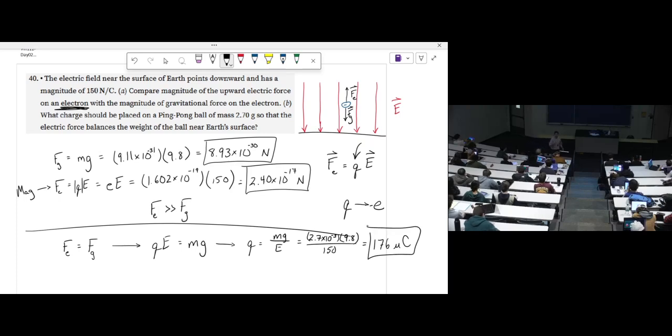Now, is that a positive or negative amount of charge? Again, I was just starting here based on the magnitude. So is that a positive or negative 176 microcoulombs? It's negative, you're right. Why is it negative?